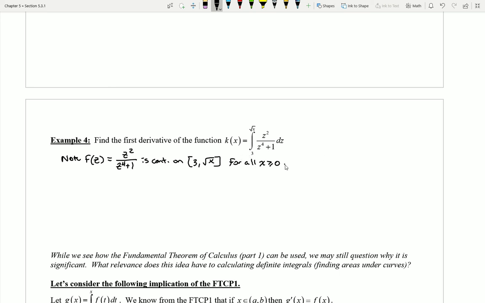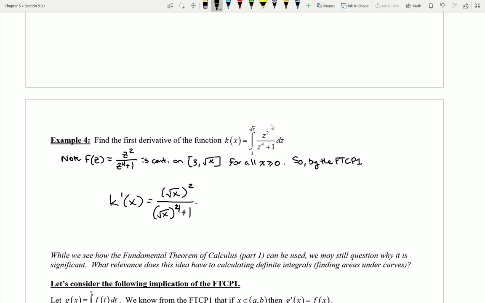So I can say that by the fundamental theorem of calculus part 1, I can arrive at the following derivative. I'm going to take my upper bound and replace all of my z's with it. Oops, that should be a fourth power. And then I look at the upper bound.